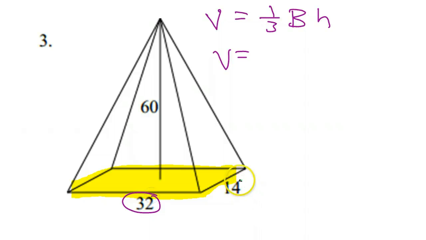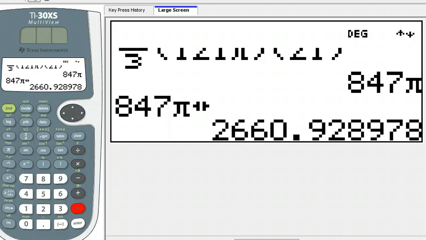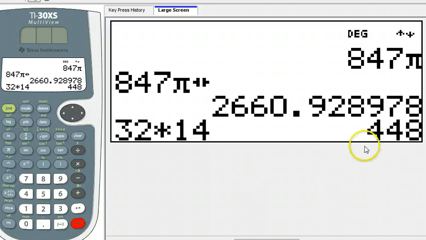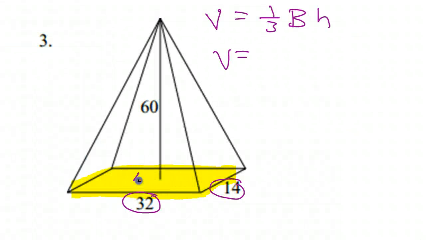Well, I do length times width. So 32 times 14. 448. So that is the area of the base. So that means we will have 1/3 times 448, because that's the base, times the height, which is 60.